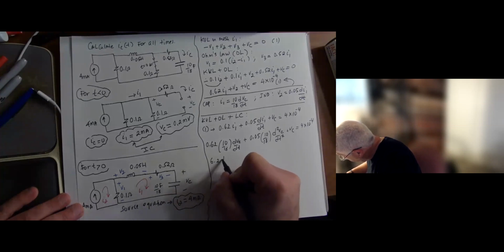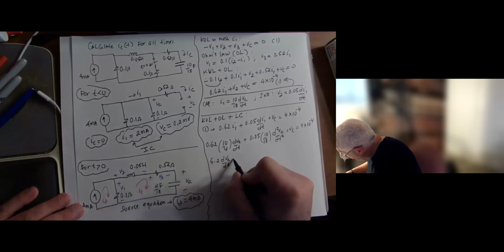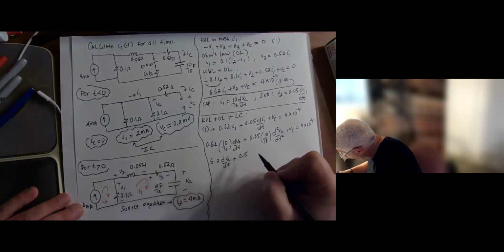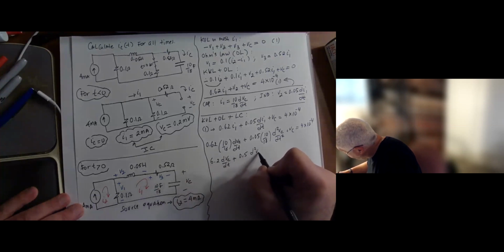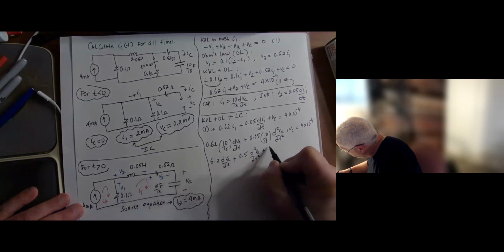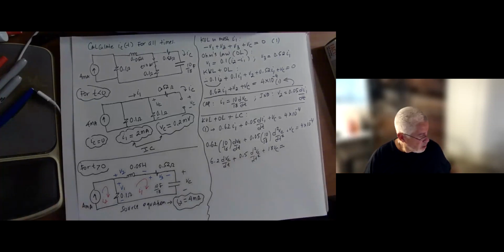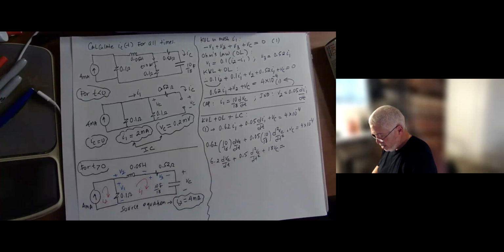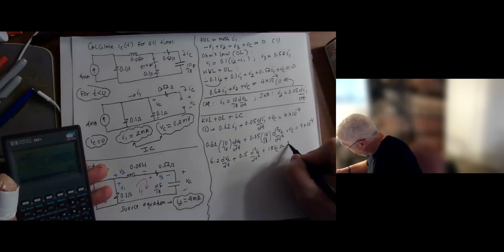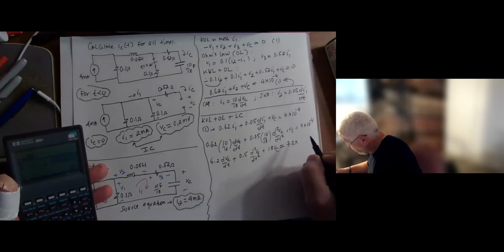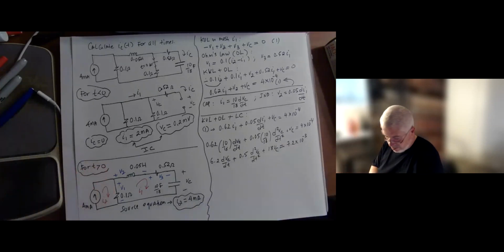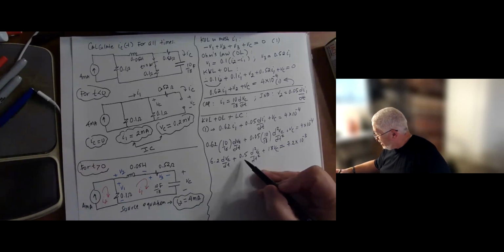I get 6.2 dVc/dt plus 0.5 second derivative of Vc with respect to t squared plus 18 Vc equal to, let me get my calculator here, 7.2 times 10 to the minus 3. How's that? Okay. The only thing I have to do essentially now is divide by 0.5.